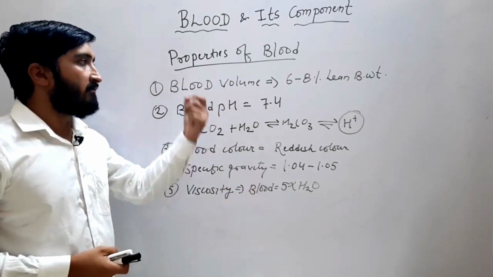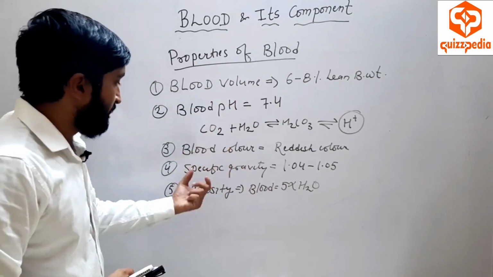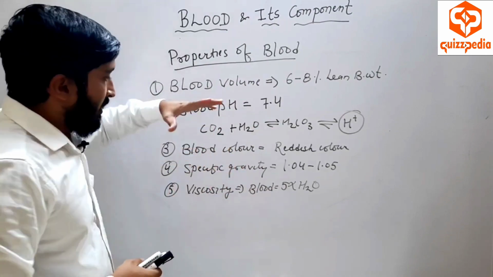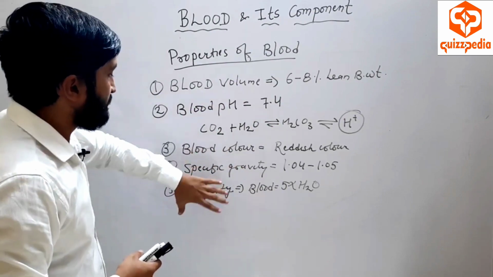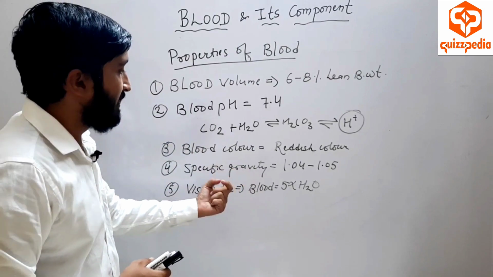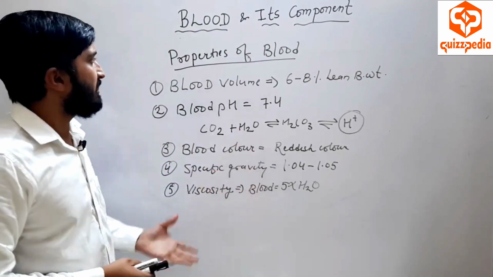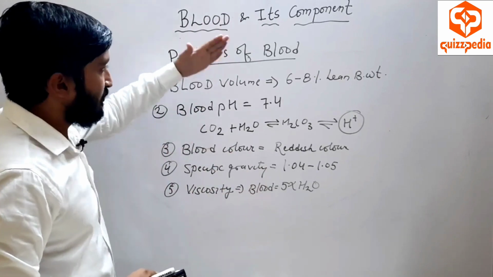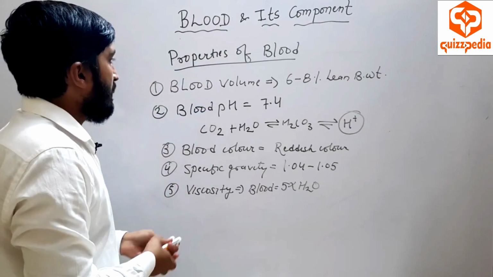I will give an example: honey is more viscous than water, because viscosity is the resistance to flow. The property of resistance to flow is called viscosity. So we say blood is thicker than water because of the RBC and many plasma proteins. So these are the generally 5 properties of blood that we can see.